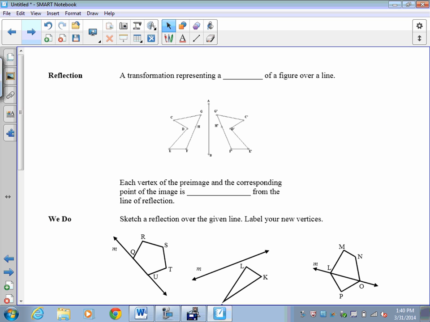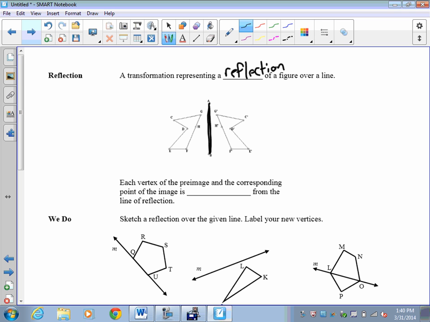So another concept we need to talk about is the concept of reflection. A transformation representing a reflection of a figure over a line. So reflection is something that a lot of students see pretty easily. This right here, this line segment AB, this is acting like a mirror.